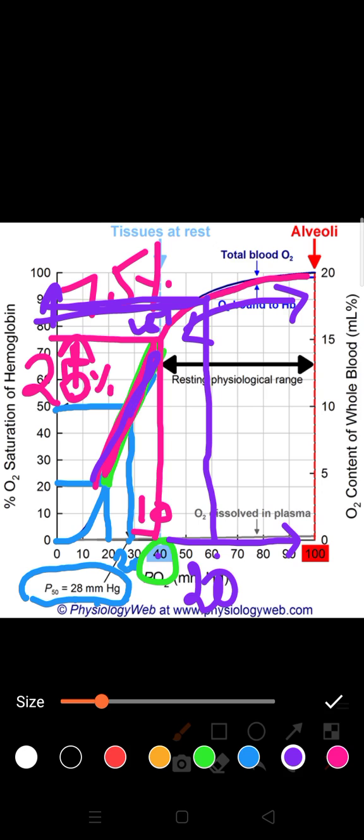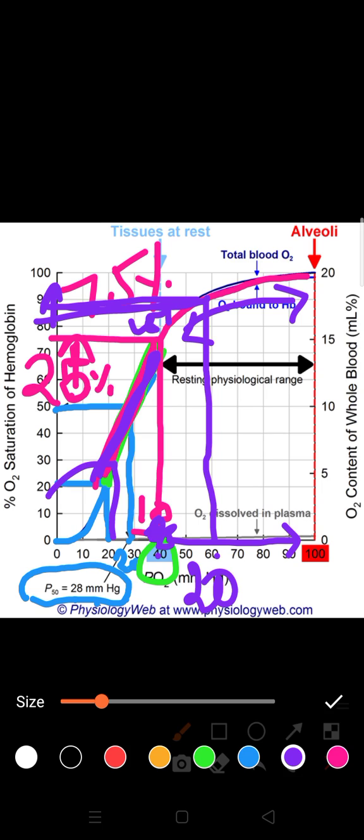So there is only one area where the association of hemoglobin and oxygen is very high. Okay, so the curve shows that there is a progressive increase in the percent saturation of hemoglobin with the increase of PO2. Up to about 30% at 20 mm, then 75% at 40.